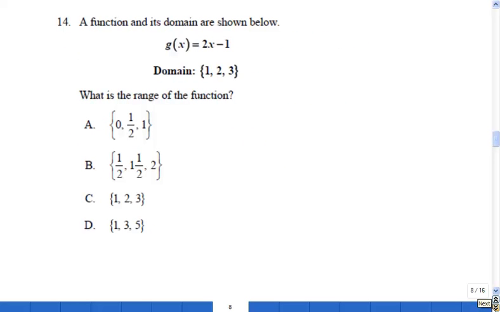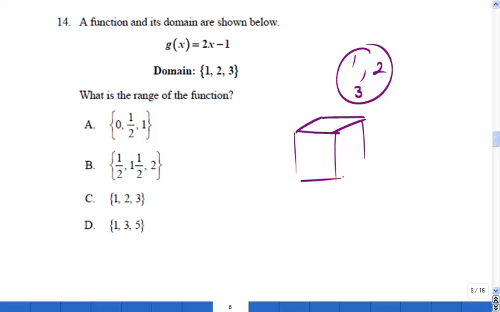Problem number 14. A function and its domain are shown below. G of x equals 2x minus 1, domain 1, 2, 3. Okay, so the domain is the set that has 1, 2, and 3 in it, right? And what is the range of the function? Well, guys, I'm always using this drawing when I'm talking about what the function is, what the domain and range are.